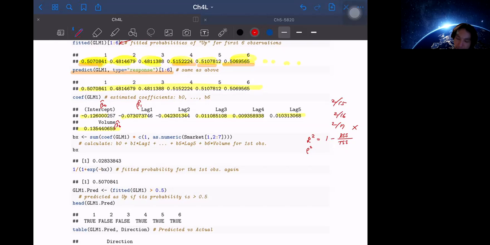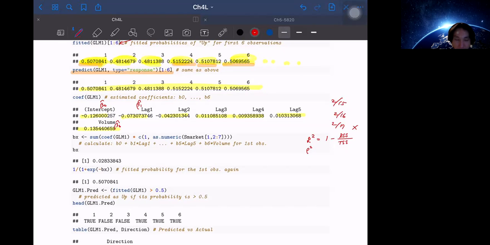So basically, in terms of the measure for the fit, such as R square or rho square, the linear regression and logistic regression have totally different stories.